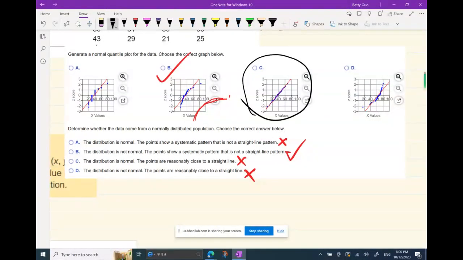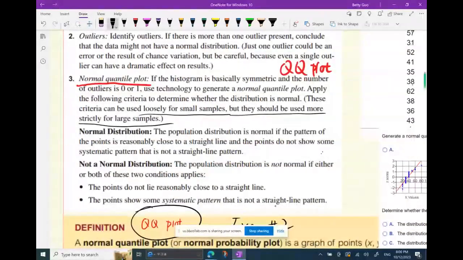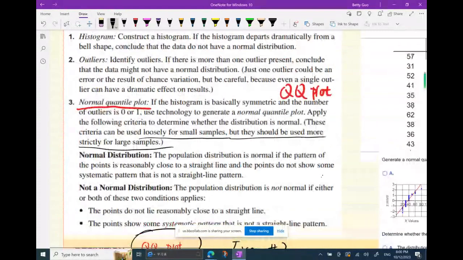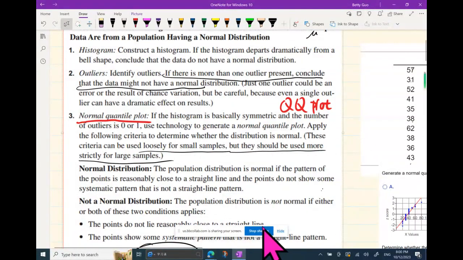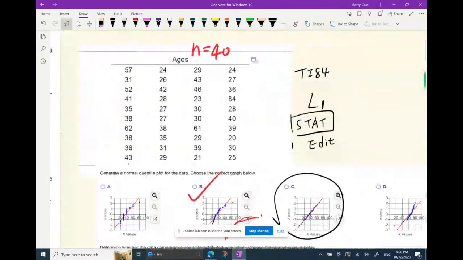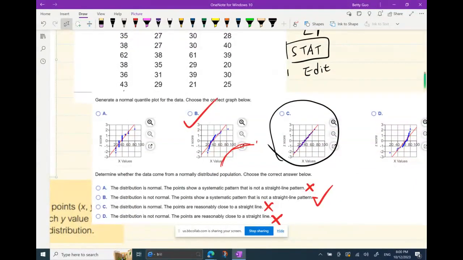As the procedure shows right here, if there's more than 1 outlier, conclude it is not normal. But if you have 0 or 1 and you proceed, the question assumes it passed the first 2 steps, and we assess the normality based on the QQ plot. All right, guys, any questions?